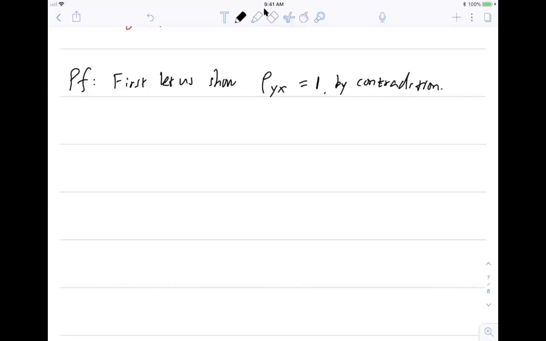So how to show that? Let's assume, this is what we want to argue, rho y x is less than 1. And we already know rho x y is bigger than 0. If this is true, then rho x x is less than 1.